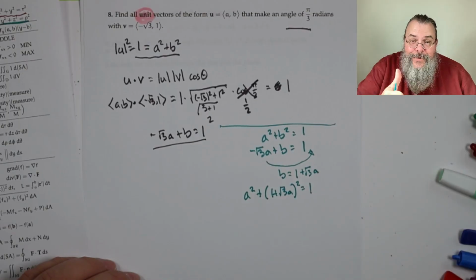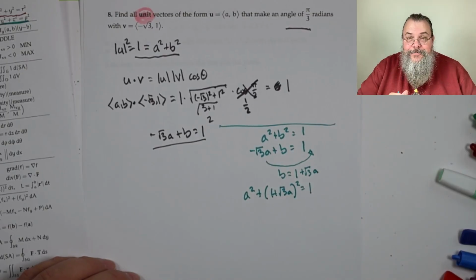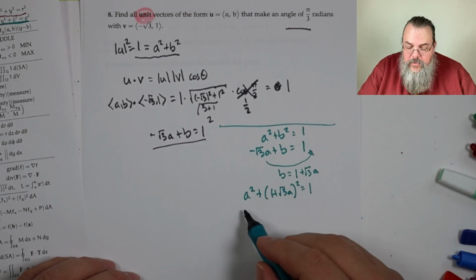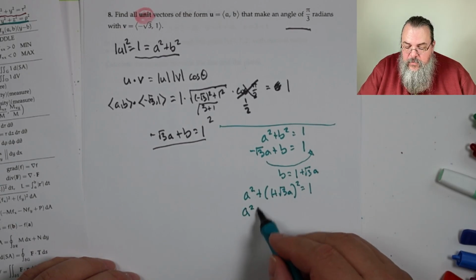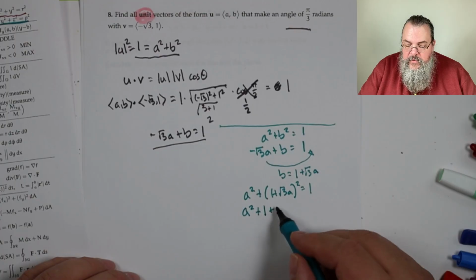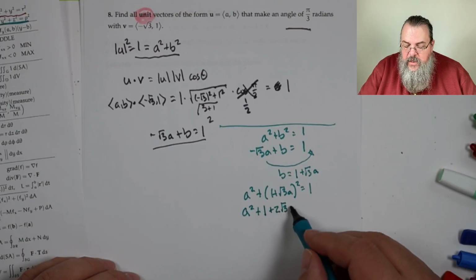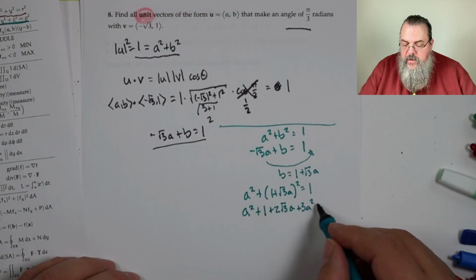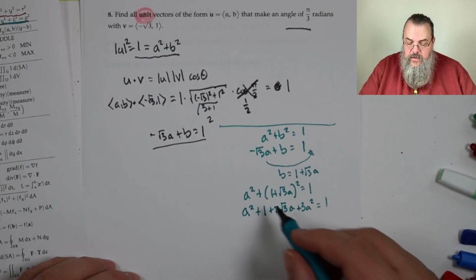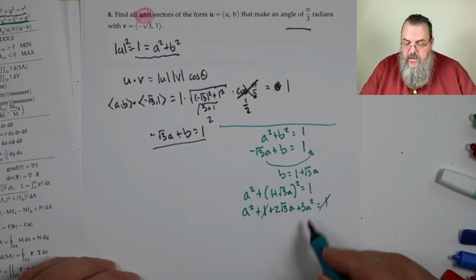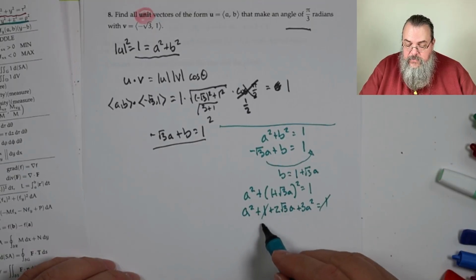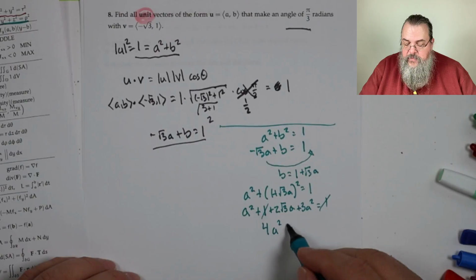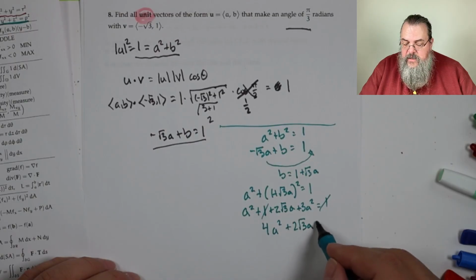Now we have one equation and one unknown. Well, we start expanding. So you get a squared plus 1 plus 2 root 3a, so that's our middle term, plus 3a squared equals 1. We can cancel the 1's. We can combine the a squared, so we get 4a squared plus 2 root 3a equals 0.